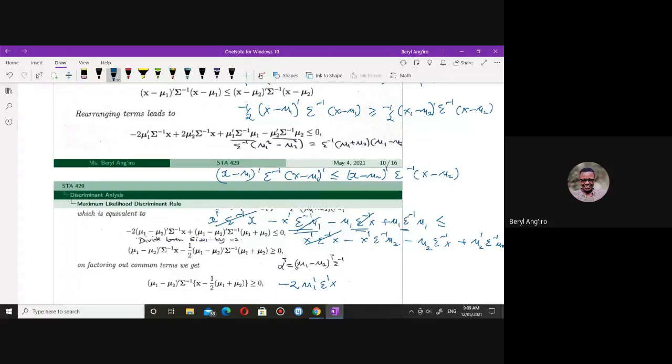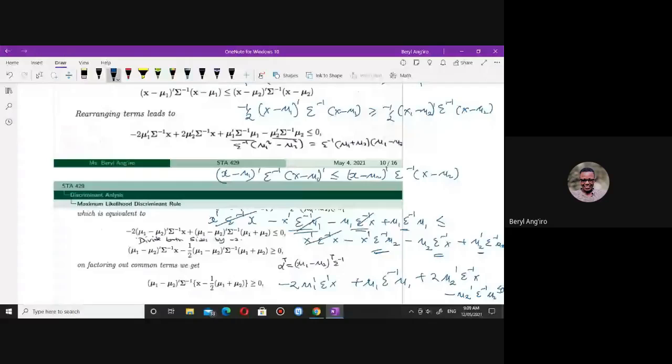Then we add plus mu1 transpose sigma inverse mu1. On the other side, we also have minus 2 of the same. So if you take it to this other side, we'll have plus 2 mu2 transpose sigma inverse x. Then we remain with this last term, which is now minus mu2 transpose sigma inverse mu2. And now this is less or equal to 0.